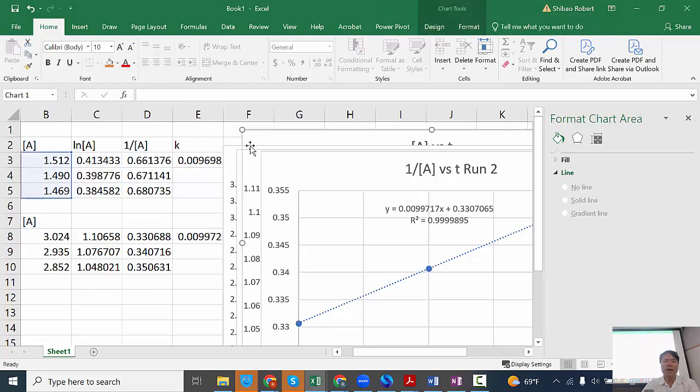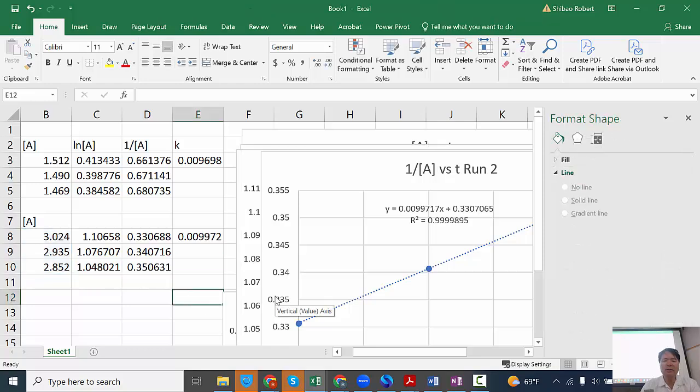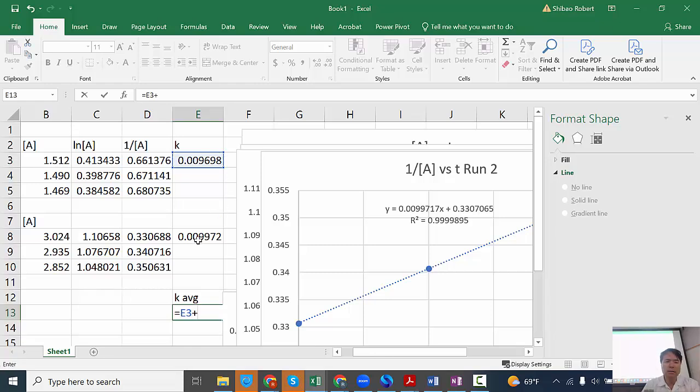It's the exact same reaction, just different concentrations. So what we're going to do is take K average. When we take K average, this is going to equal this plus this, and I need to divide the whole thing by 2, so I'll put the parentheses here, divided by 2.